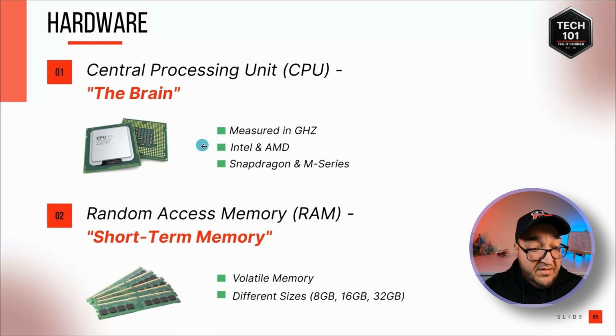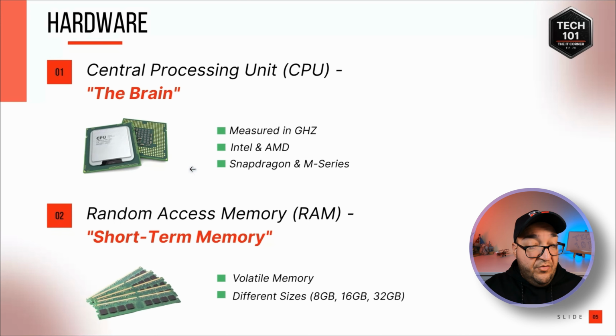And as I mentioned, the CPUs come from different companies, and just a few of the models: for Intel, the Core i7, i5, i9; from AMD, the Ryzen series; and then of course the mobile processors, the Snapdragon is Qualcomm, and of course Apple, the M series.